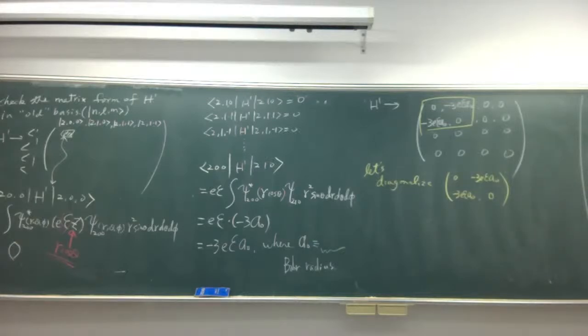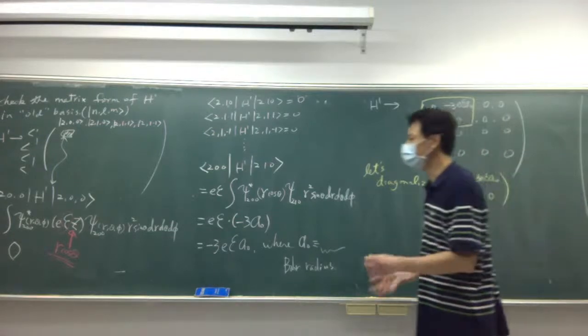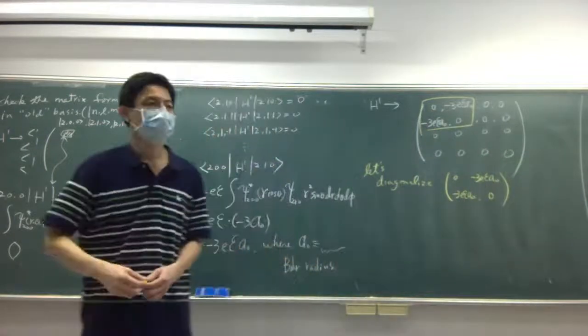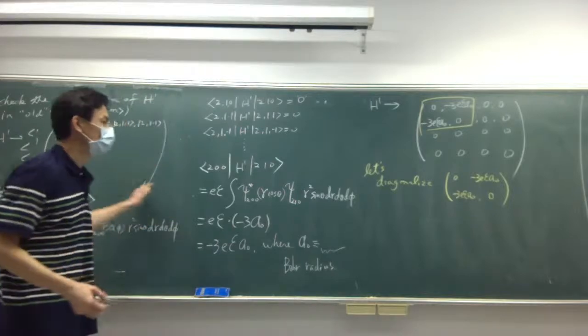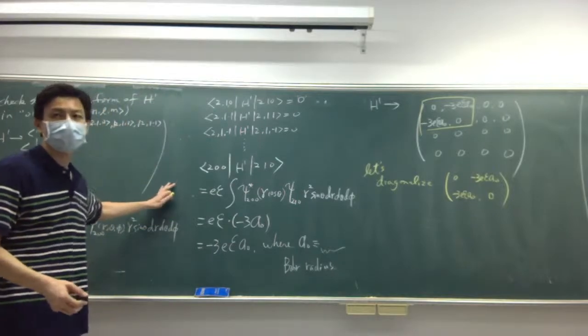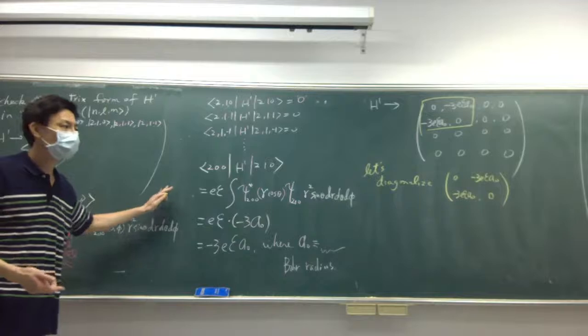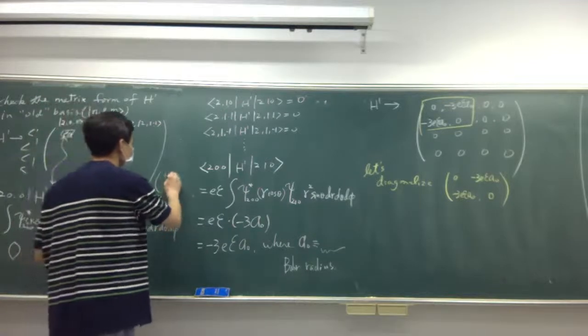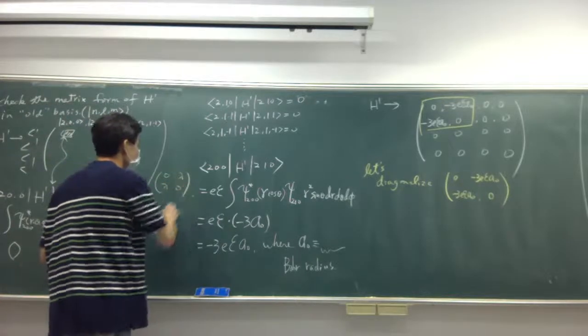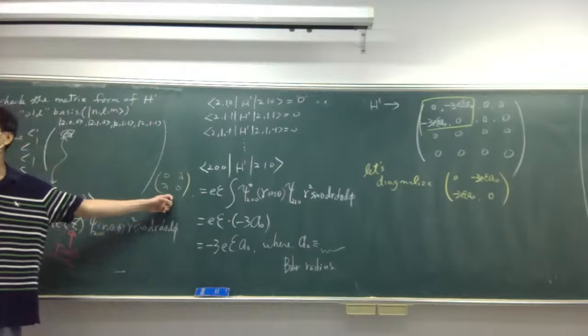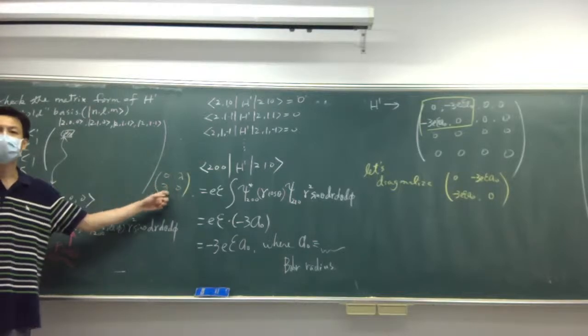If you still remember the diagonalization we did last lecture, last lecture we diagonalized this matrix, 0 lambda lambda 0.